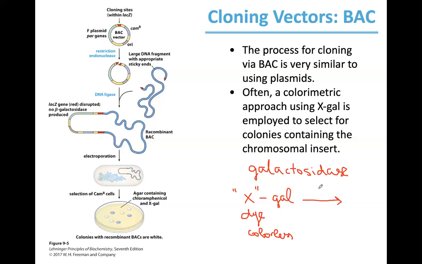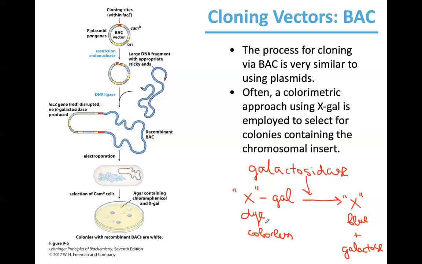Now, in the presence of the enzyme galactosidase, it will cleave the galactose from the dye and generate the blue color, plus galactose. And so it's another way to select for cells which have the gene inserted in them, right?